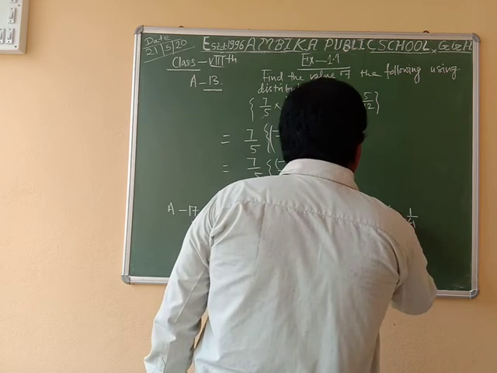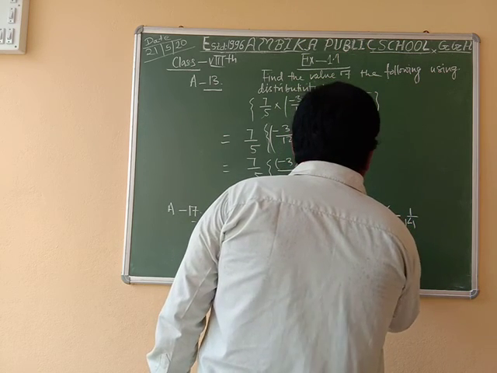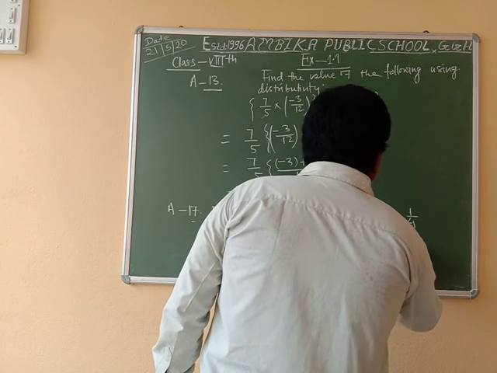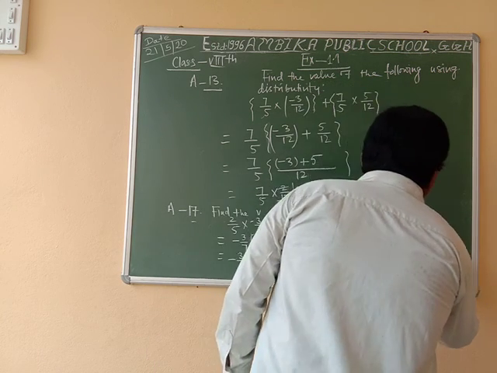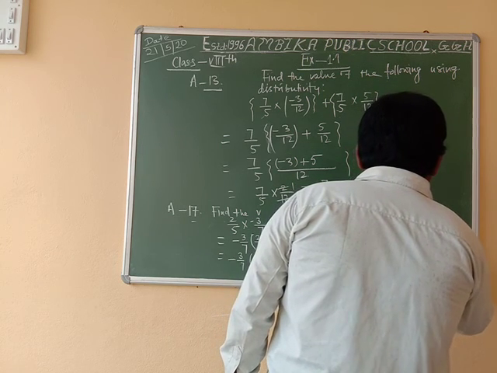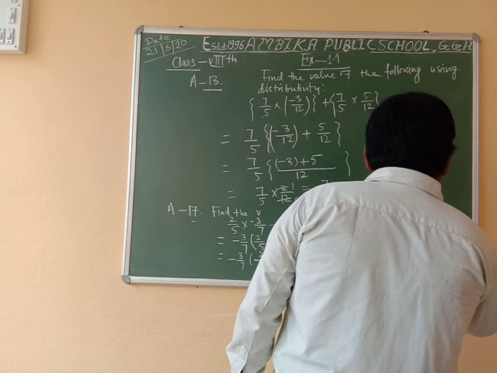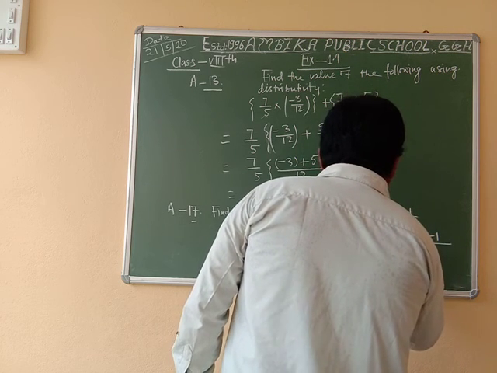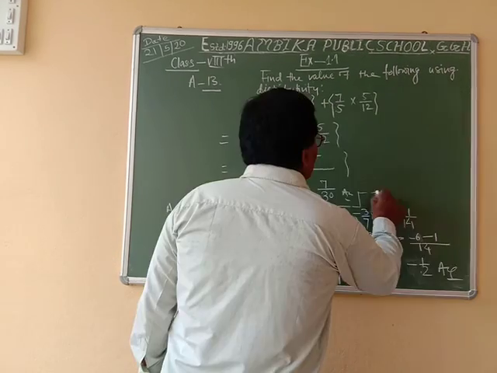Here 5 cancels, so it is minus 3 by 7 minus 1 by 14, which is 14 minus 3 minus 1, equal to minus 4 by 14.